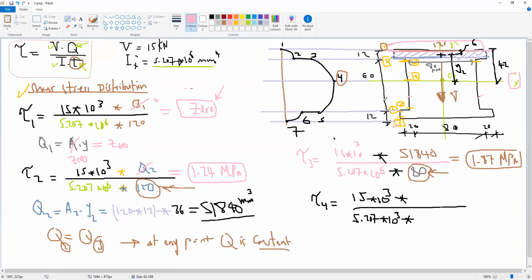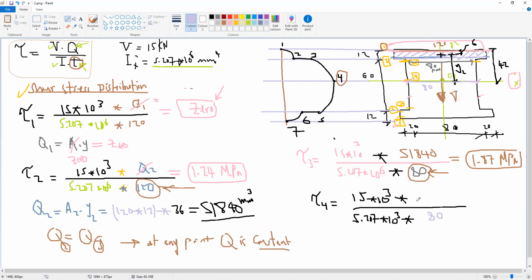Here, this is cut 4. So what is T at 4? T at 4 is this width or this thickness. So T at 4 is 80 millimeter.